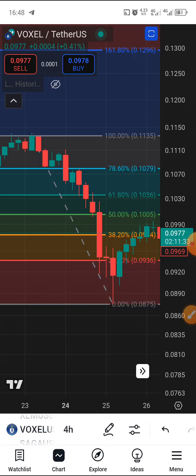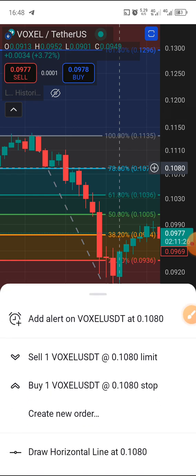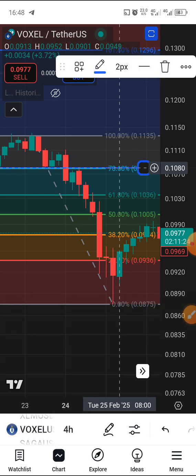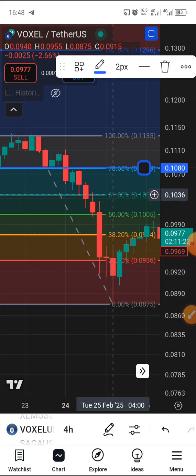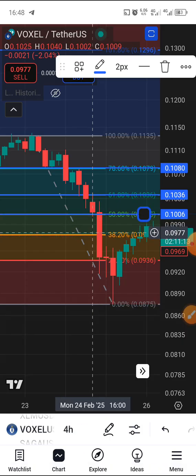then of course draw these points here. Where you see a line, you draw there a horizontal line. Where you see another line, you draw there a horizontal line. You can draw your lines as much as you want.